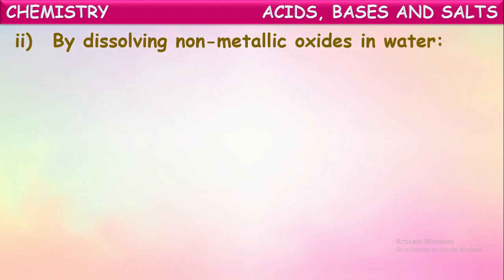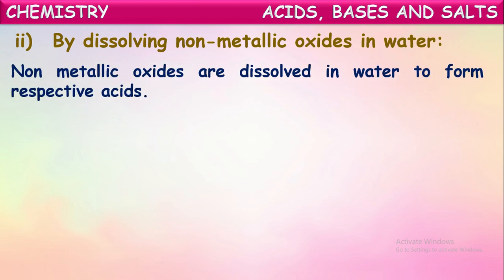Another way is by dissolving non-metallic oxides into water. When non-metals burn in the presence of oxygen, they form their respective oxides. These oxides, on dissolving into water, form their acids.